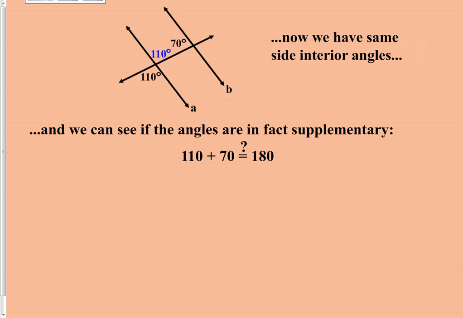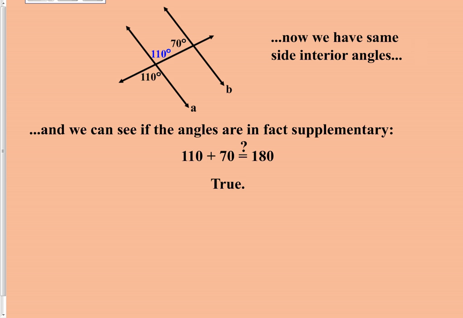The question is, 110 plus 70, does that actually equal 180 or not? If it does equal 180, the lines are parallel because the angles are supplementary. If it does not equal 180, then the lines are not parallel because they were not supplementary. But of course, 110 plus 70 is 180.